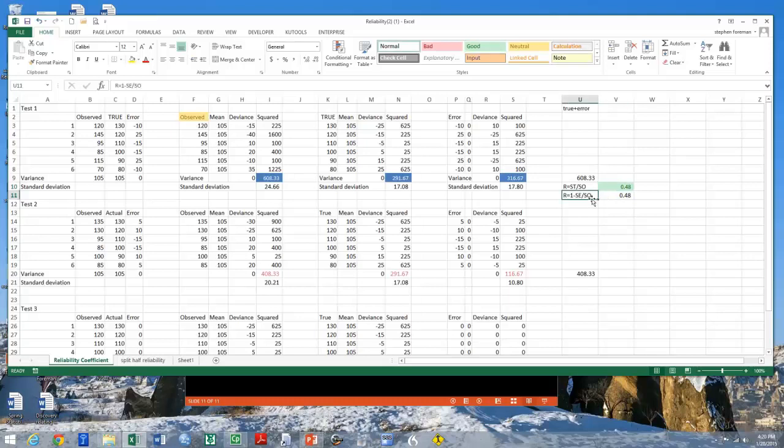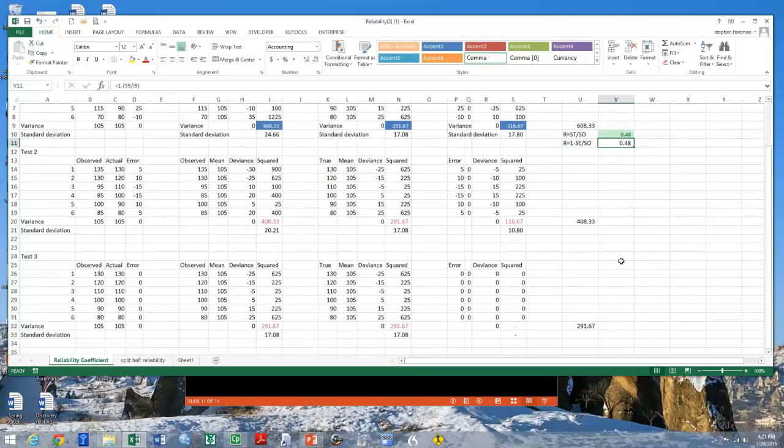We said we could also subtract the error variance divided by the observed. So that would be 316 over 608, and we could subtract that from 1, which is what we've done here, and we come up with the same coefficient. We should be able to get that whichever way we do it.